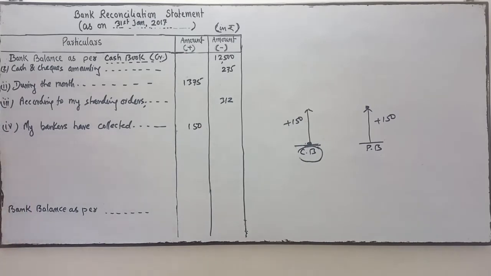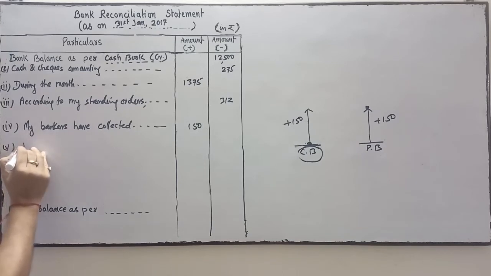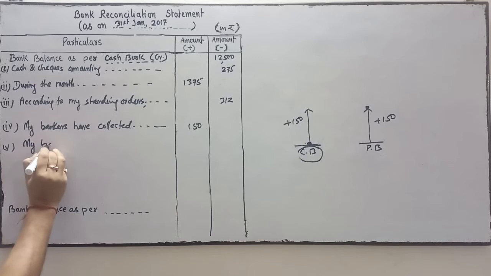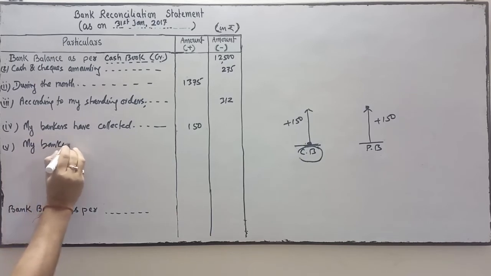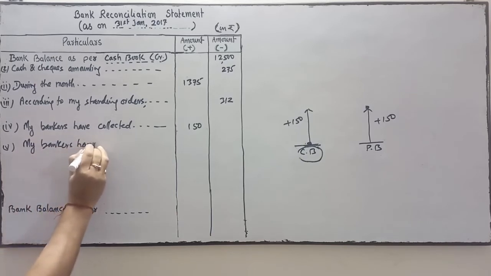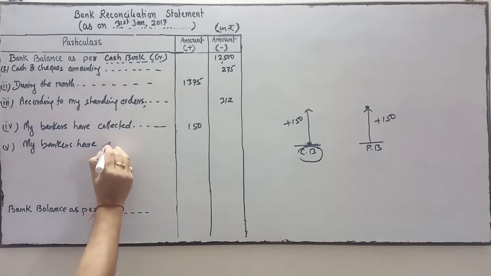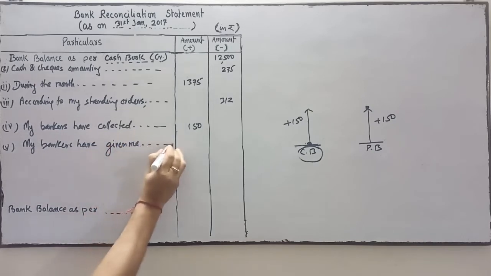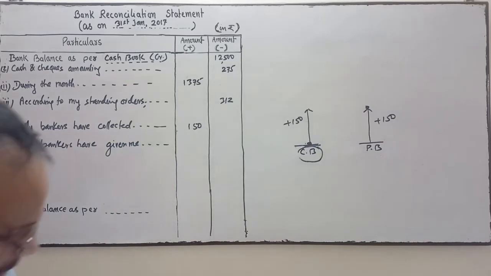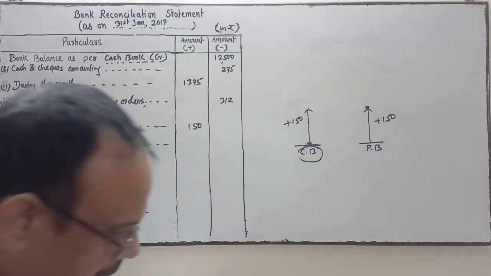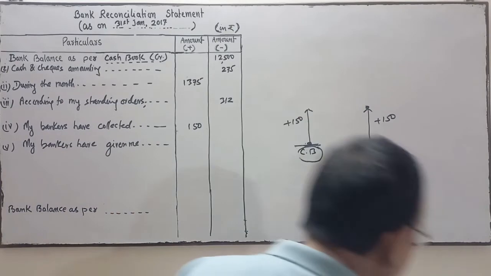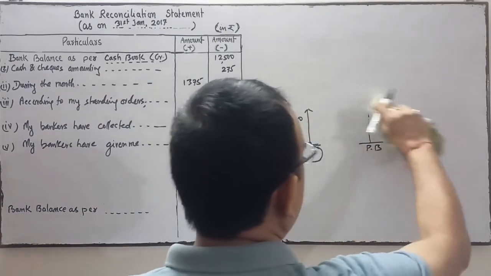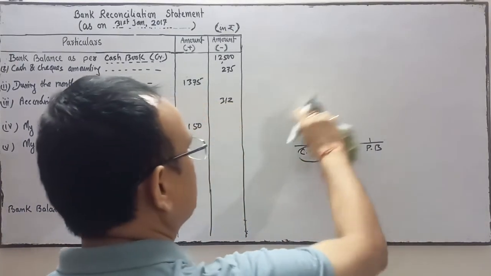Next number 5, my bankers have given me wrong credit. My banker has given me wrong credit. Wrong amount is credited.